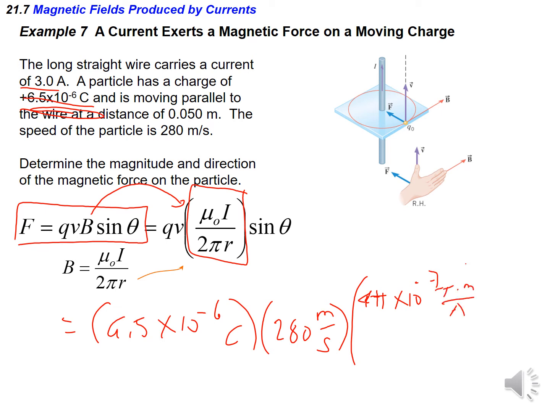And then multiplied by current. So current here is 3.0 amperes. And then sine 90 degrees is equal to 1, divided by 2 pi multiplied by the distance. The distance here is 0.050 meters.